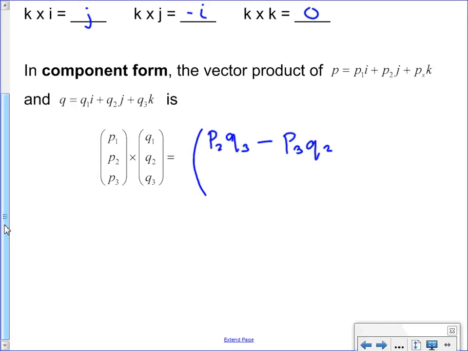And then the j component would be P3 Q1 minus P1 Q3. And then the k component would be P1 Q2 minus P2 Q1.